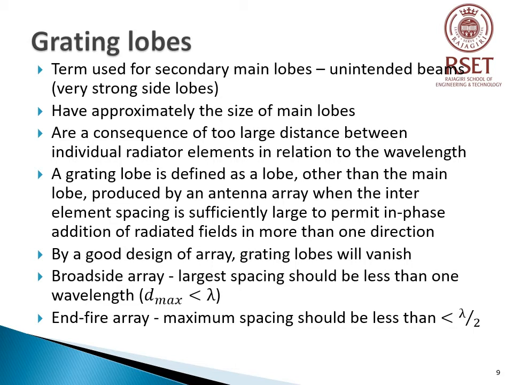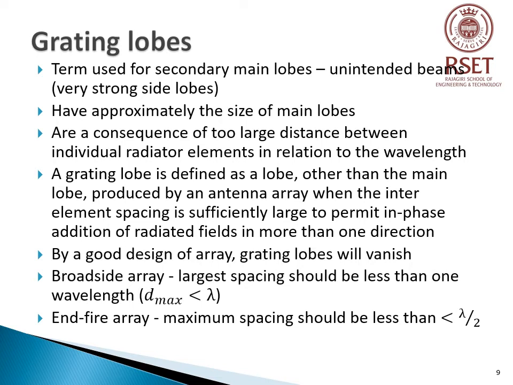Grating lobes are typical for arrays with inter-element spacing of lambda or more. We can define a grating lobe as a lobe other than the main lobe produced by an array antenna when the inter-element spacing is sufficiently large to permit in-phase addition of radiated fields in more than one direction. By a good design of an array, grating lobes will vanish.